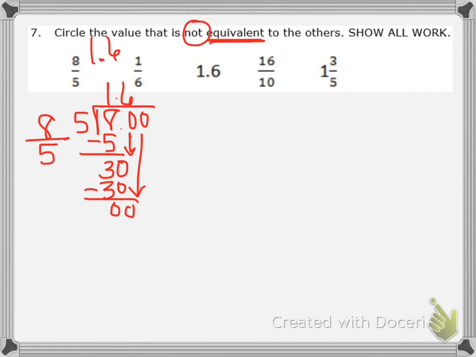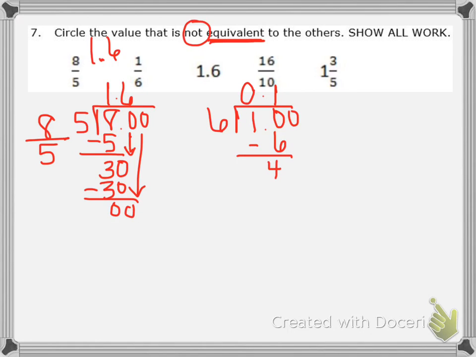Okay, now let's check 1/6. I'm going to do the same thing, convert it to a decimal, so I need to divide. Remember, the rider goes inside the house, the horse goes outside. Set up the rest of my problem. 1 divided by 6 is just 0. 6 does not go into 1. 6 goes into 10 one time. 6 times 1 is 6.